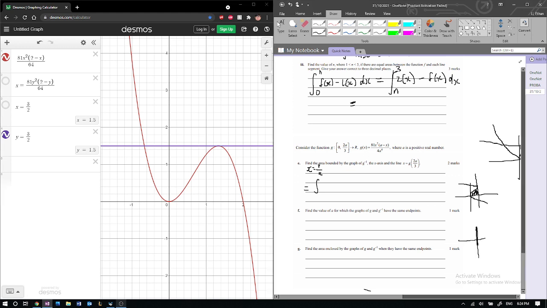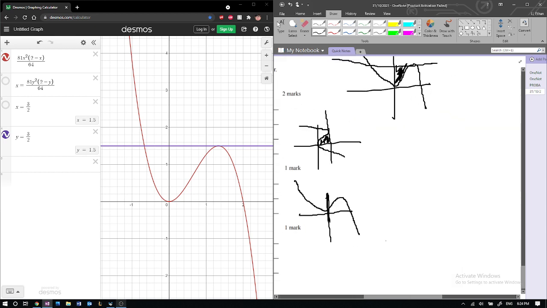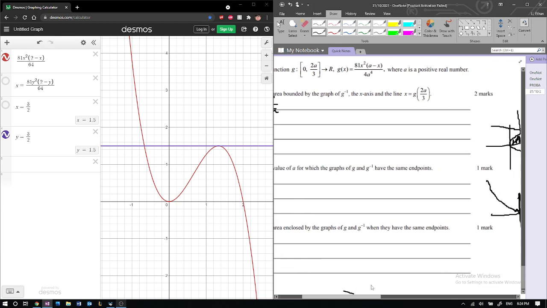If you want to find this area, it's the same as the rectangle of the entire thing subtracted by this. So with that in mind, let's find that rectangle first of all.